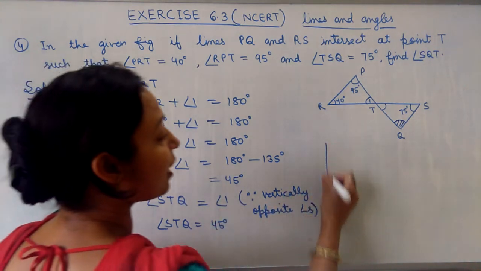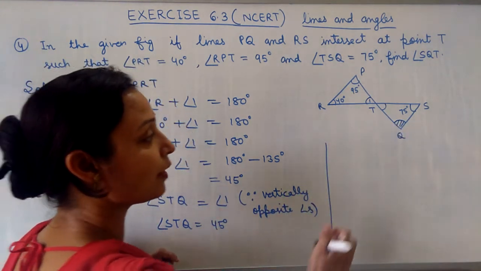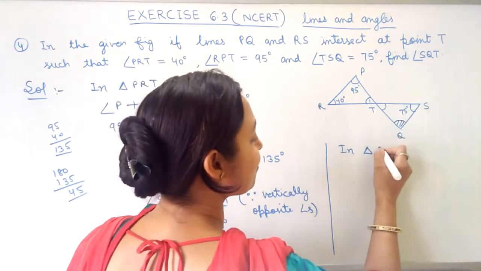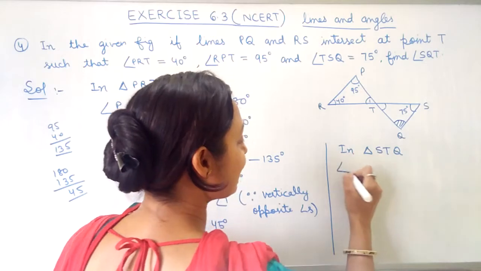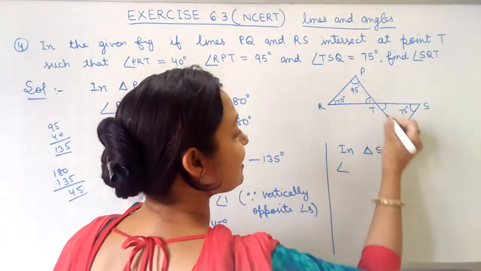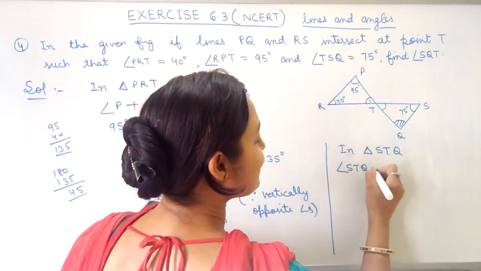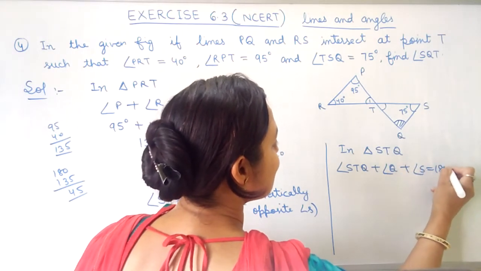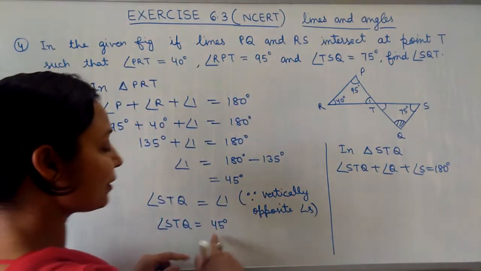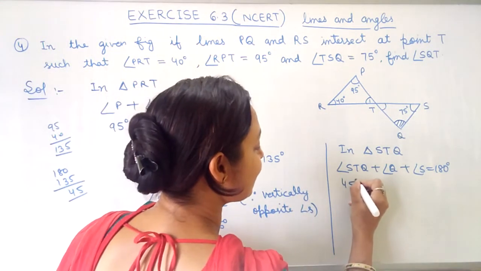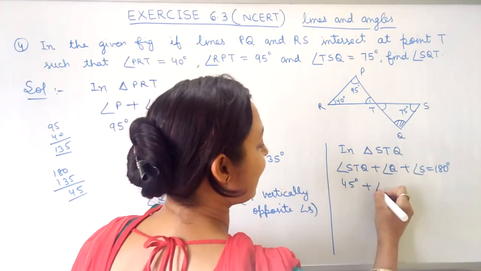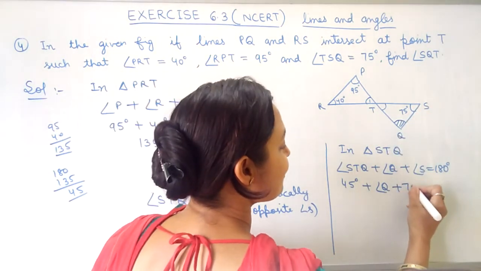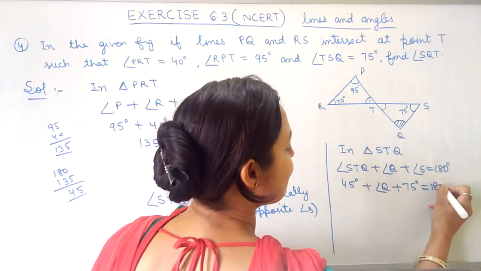Now I will work on the angle which I have to find, in triangle STQ. Angle STQ plus angle Q plus angle S is equal to 180 degrees, right? Angle STQ is equal to 45 degrees, angle Q is what I have to find, and angle S is equal to 75, and the sum is 180 degrees.